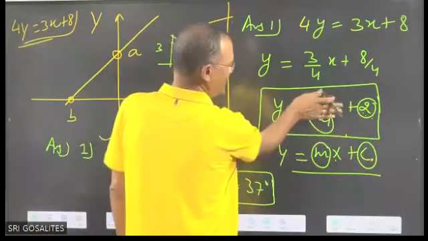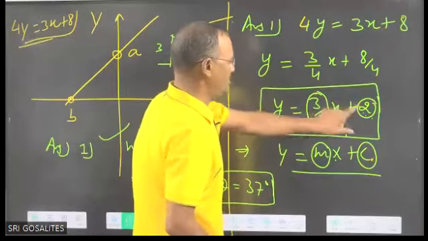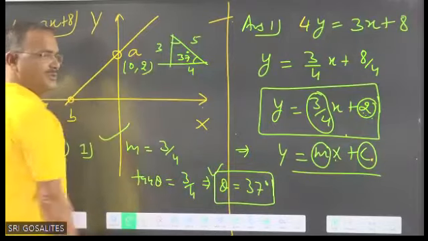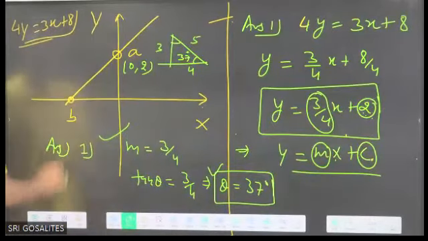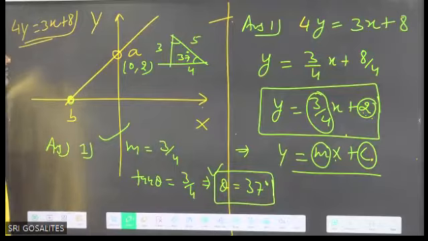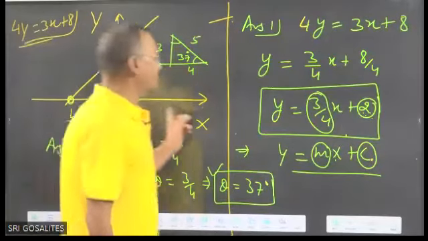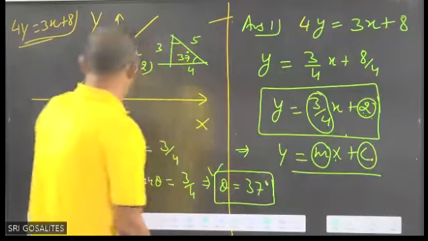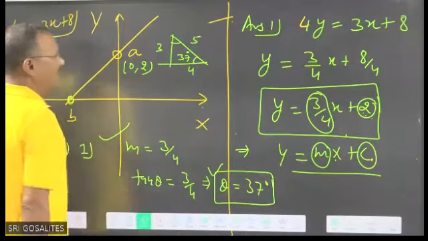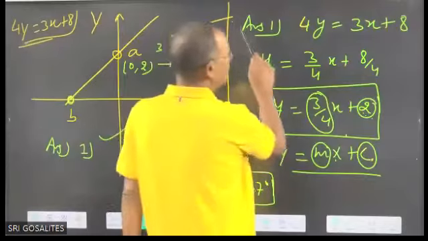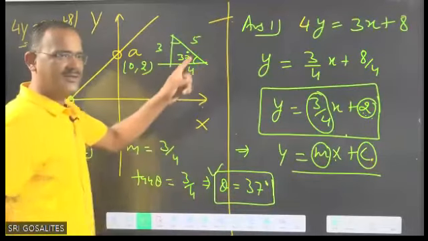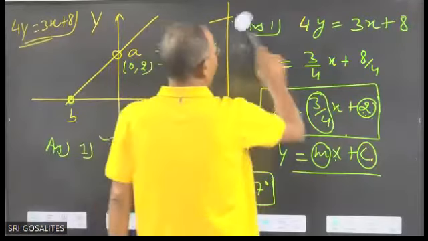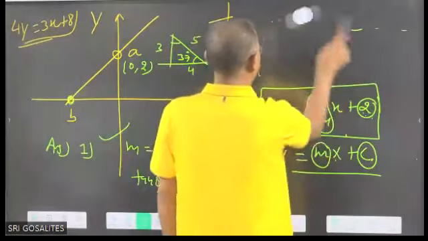Intersect: when x is 0, what is y? 2. Meaning the coordinates of A are 0, 2. Okay. Now the coordinates of this point. What are these basically? At this location on the x-axis, y is 0. Okay. So we'll create a small space here. Shall I clean it? Yes. So basically its coordinates are c by m.